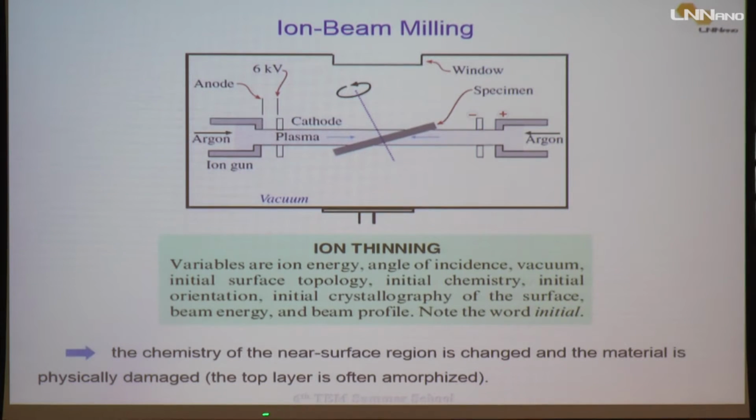Here is the device. The chemistry of the nearest surface region is changed and the material is physically damaged. Okay? By doing this preparation technique. Because you understand how it works physically. You have the ion beam, then for microscopy you have the electron beam.